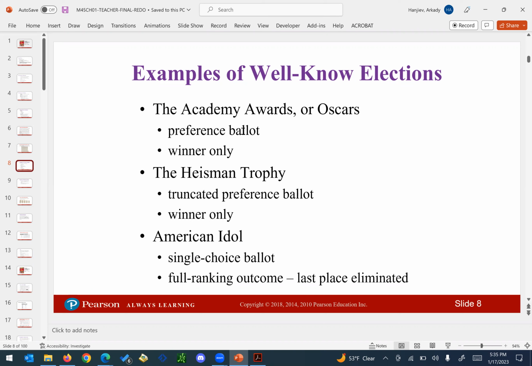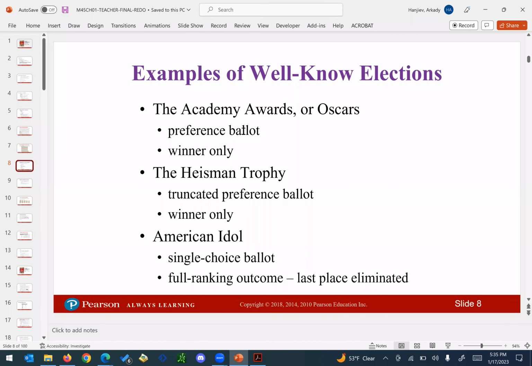The panel selects 3 people. And from those 3 people, it goes off to critics in the movie industry, to directors, to other actors. And they bring a preference ballot. This person should be first, this person second, this person third, just like our math example. And from there, they declare one winner for the Academy Awards.